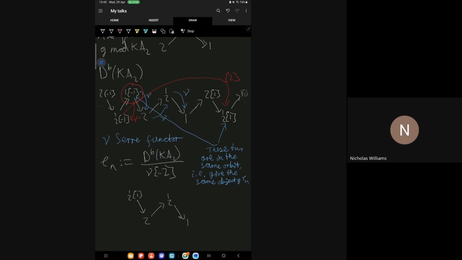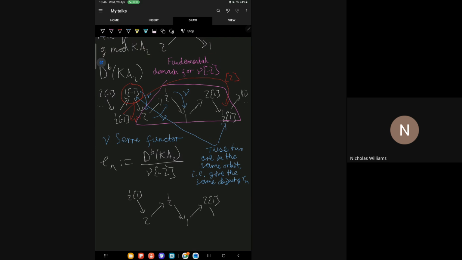And in fact, these 5 objects give a fundamental domain for nu shifted by -2, i.e. every indecomposable object, I suppose, has an orbit representative amongst these 5 objects.